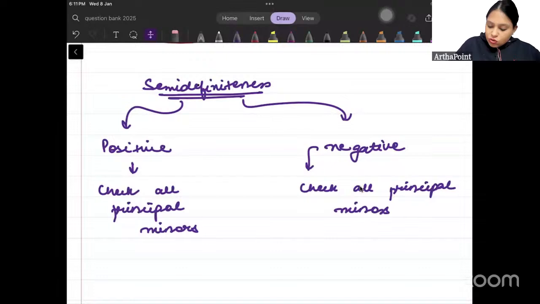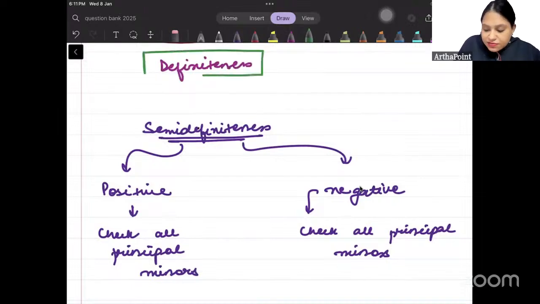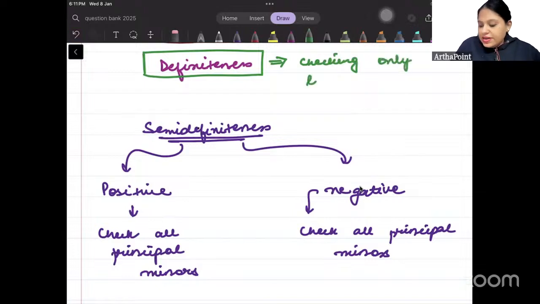So when we talk about definiteness, in definiteness we were checking only leading principal minors.